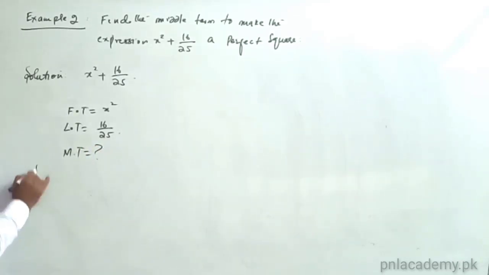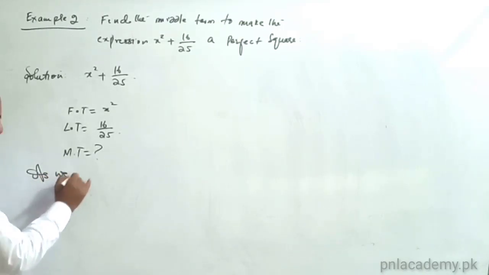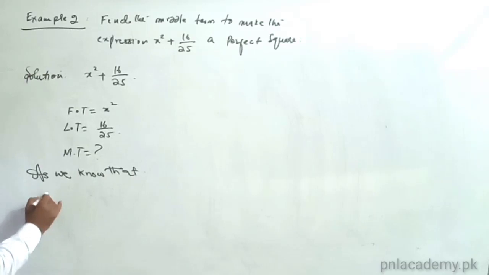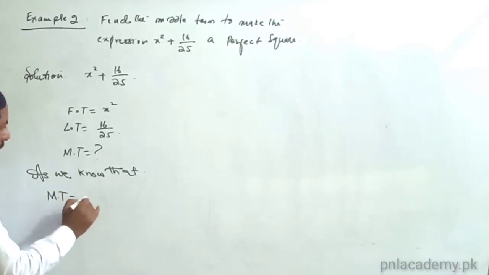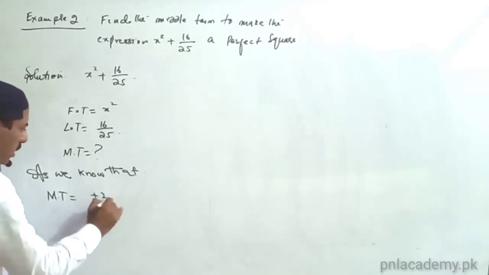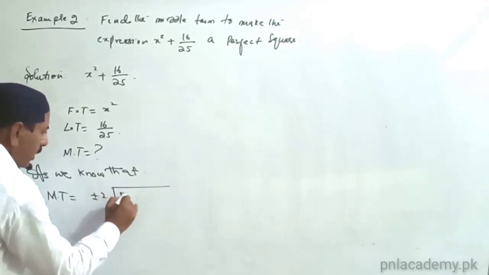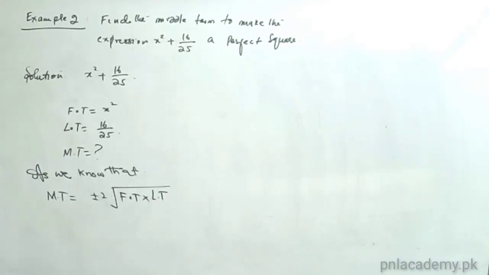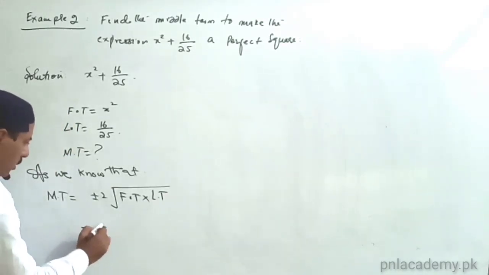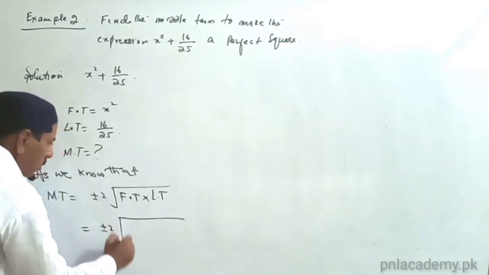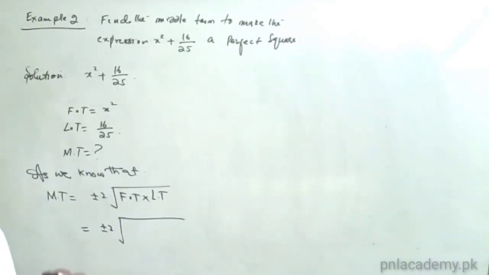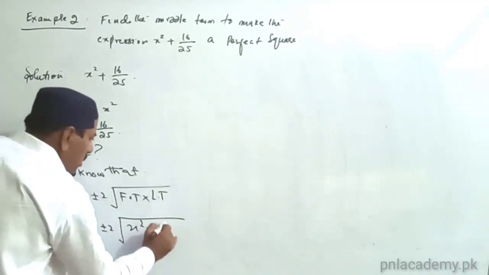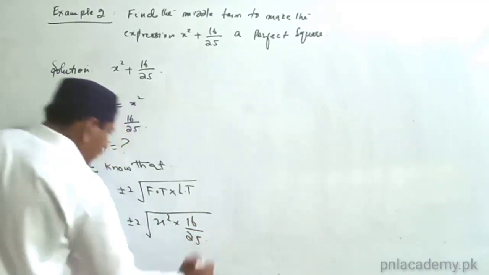So as we know that the middle term is equal to plus minus 2 radical of first term into last term. So the result is plus minus 2 radical, first term is x square, last term is 16 upon 25.